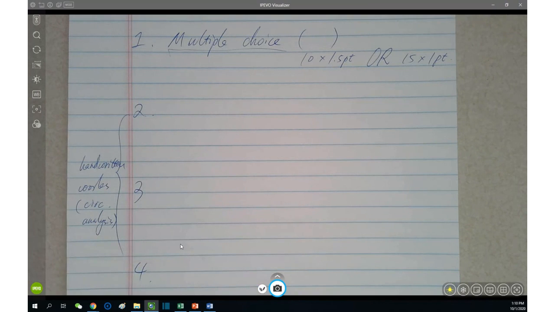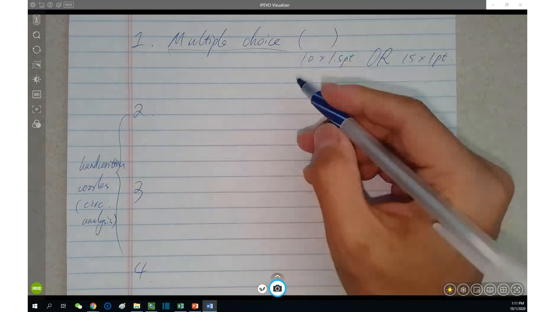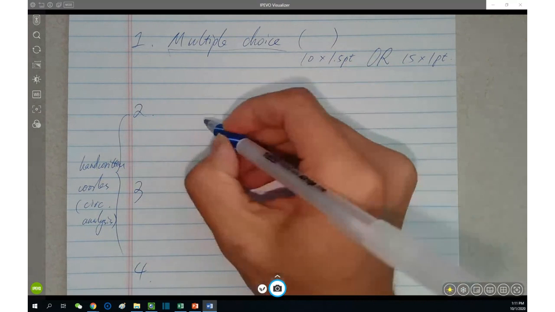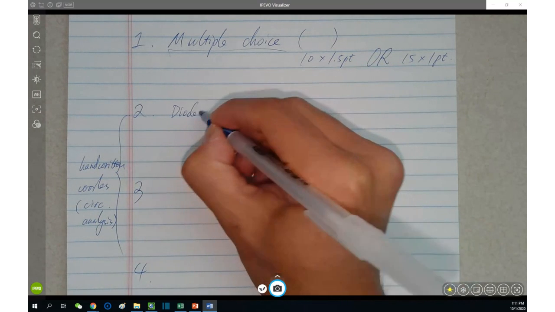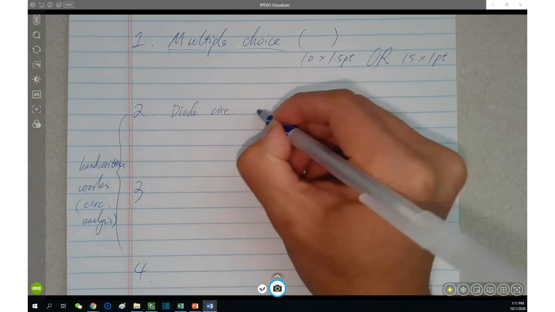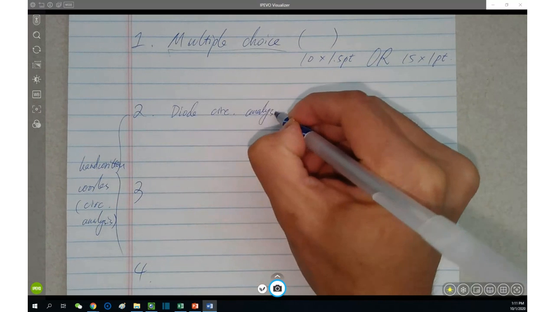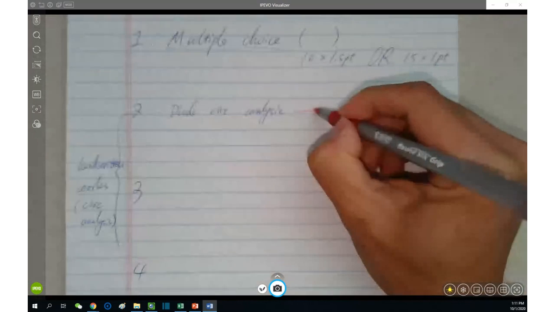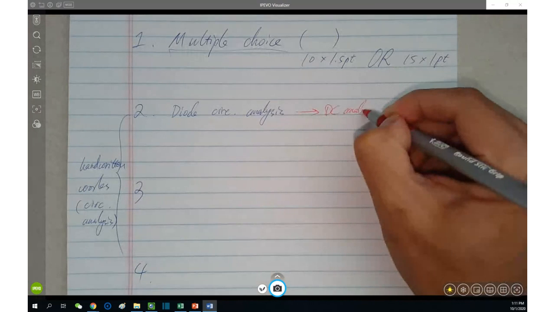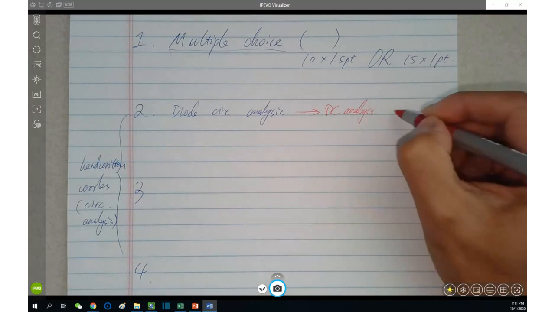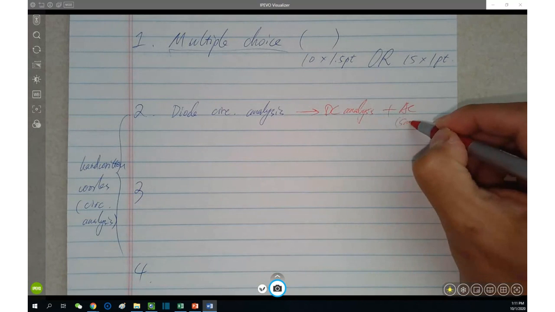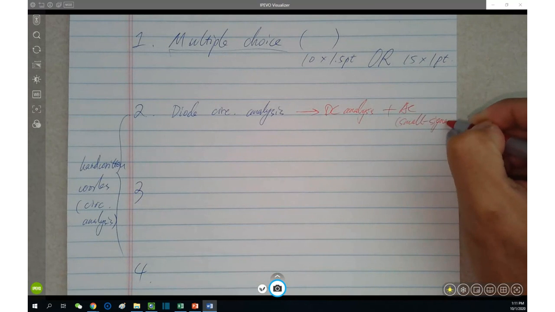And what are they? This is the key you want to understand very well. We're going to have one calculation problem for diode circuit analysis. Here I'm talking about a DC analysis plus AC small signal analysis. Be very careful.